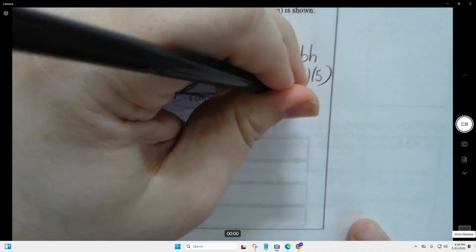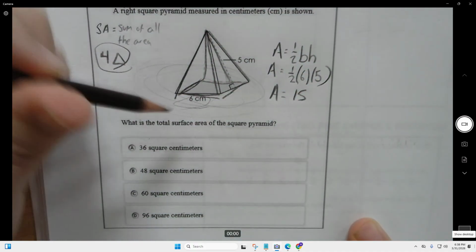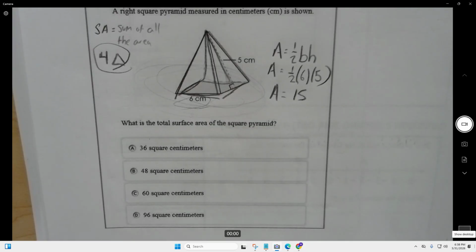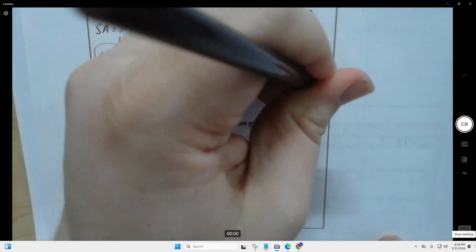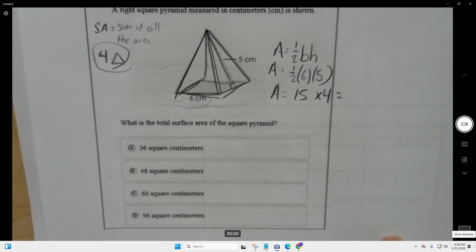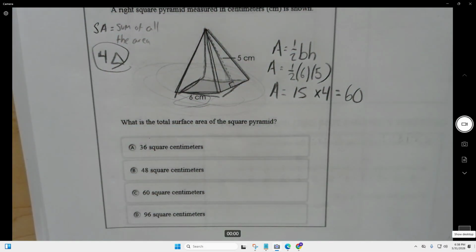That is the area of one of the triangles. We have how many triangles? 4, because there are 4 sides to the square. So we need to do 15 times 4. 15 times 4 is 60. That is the sum of the areas of all the triangles.